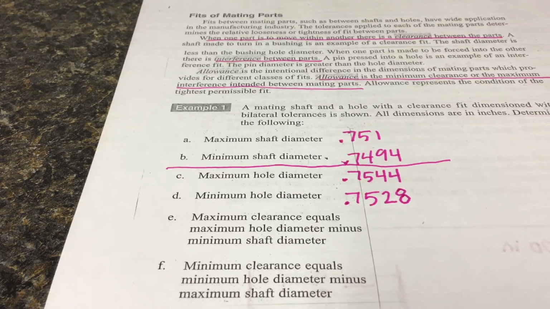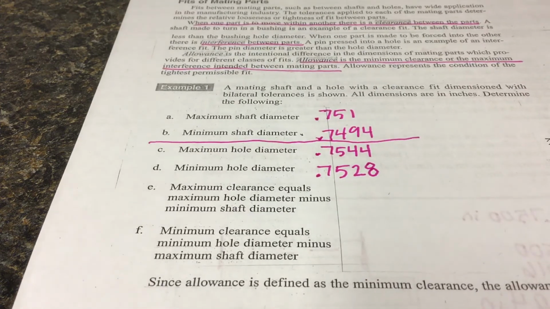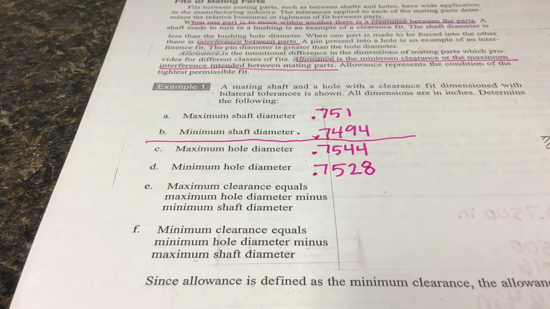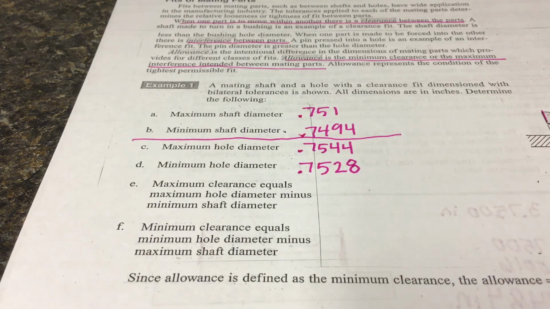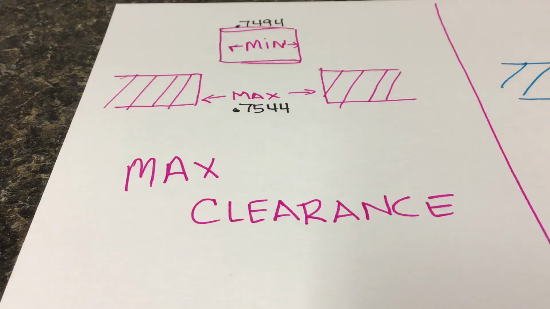And to explain what clearance is, I want to switch over to another piece of paper. So just bear with me, I'll be right back. Alright, so maximum clearance between these two parts would be the amount of room in between the moving parts.